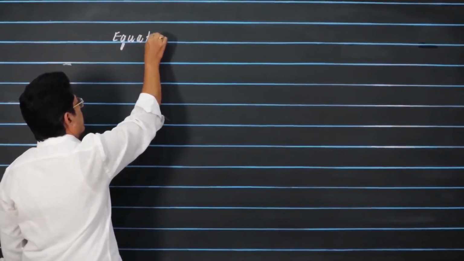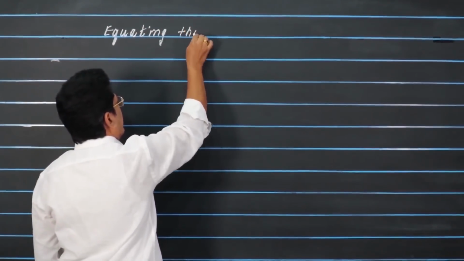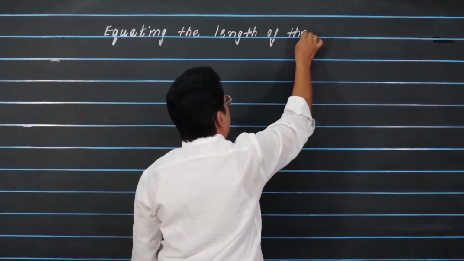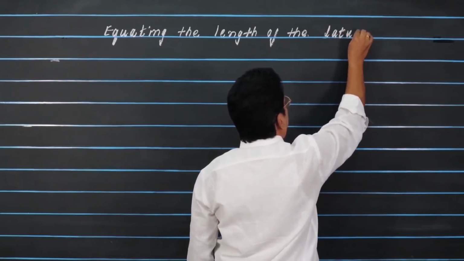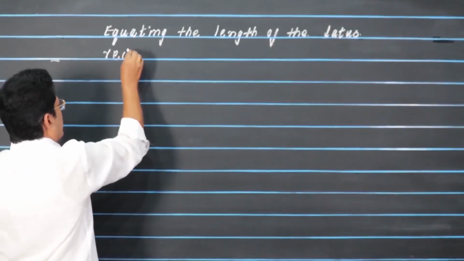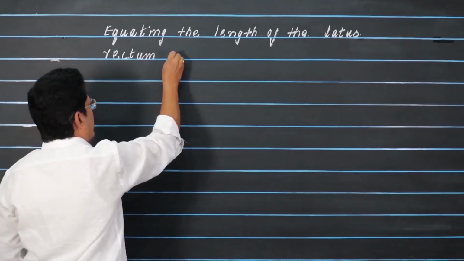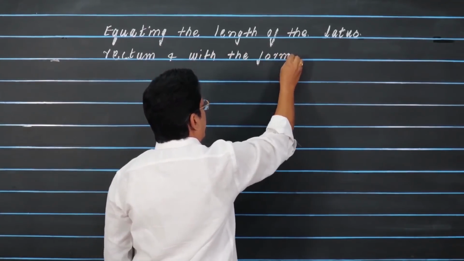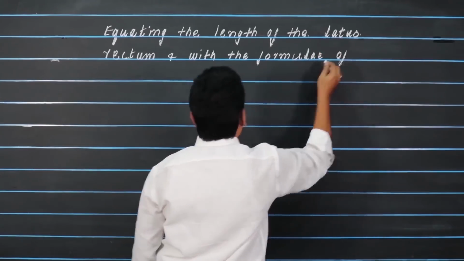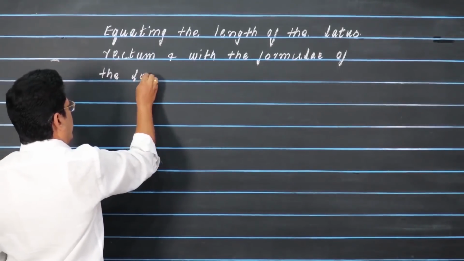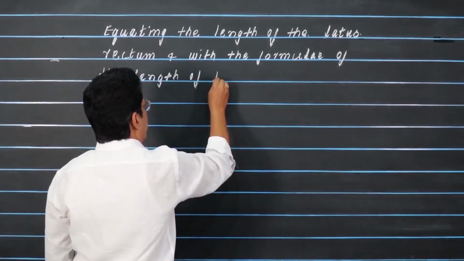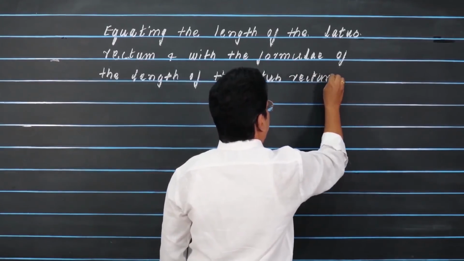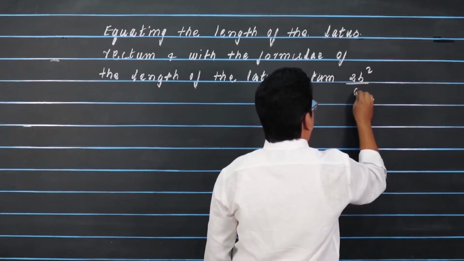Equating the length of the latus rectum with the formula of the length of the latus rectum, 2b squared by a.